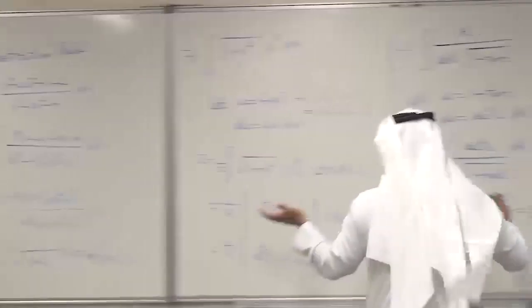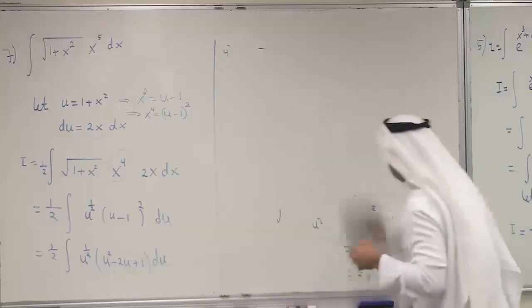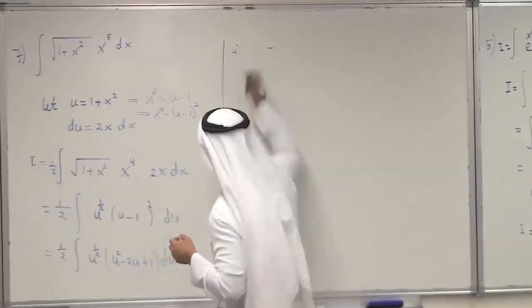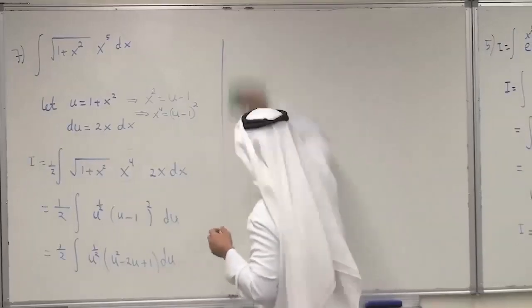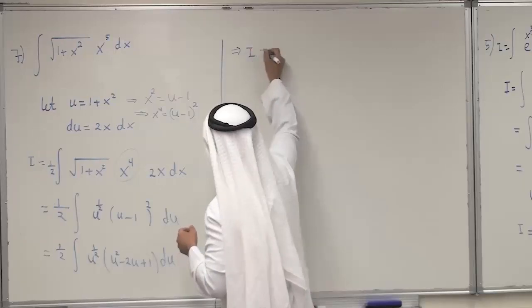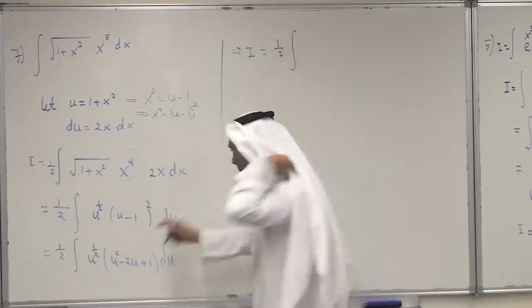So what is the new step as a continuation of the solution of this exercise? This implies our integral is now equal to 1/2 times the integral of, now let us multiply.